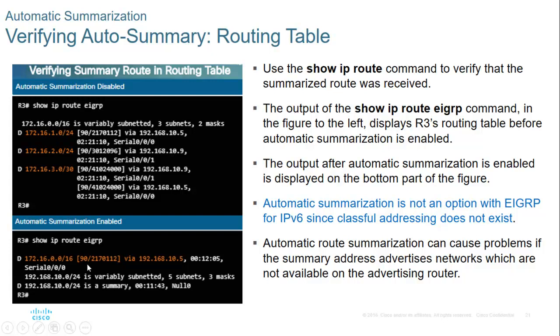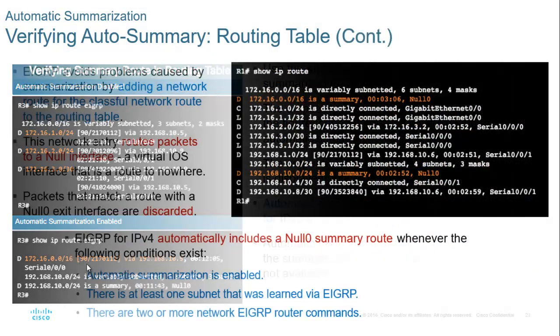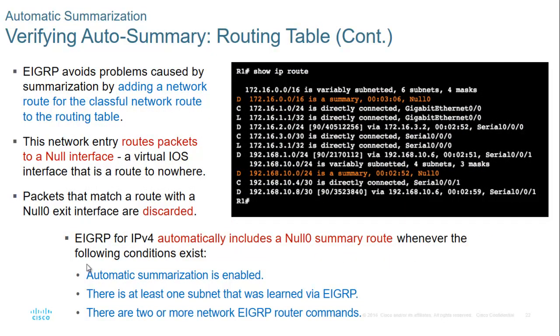Automatic route summarization can cause problems if the summary address advertises networks which are not available on the advertising router. EIGRP avoids problems caused by summarization by adding a network route for the classful network route to the routing table. Okay.